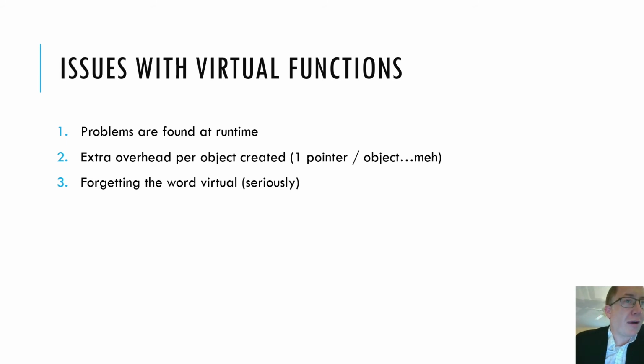If it has a crashing bug, instead of a compile time error, where it tells me I have an error and I fix it at the time, what ends up happening is I don't notice I have a problem. I ship the code out to customers, and then suddenly it's crashing on them because they're testing it and I didn't. So the problems are found at runtime, which is a bad place to find things.